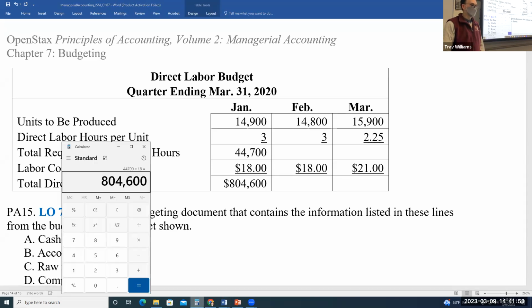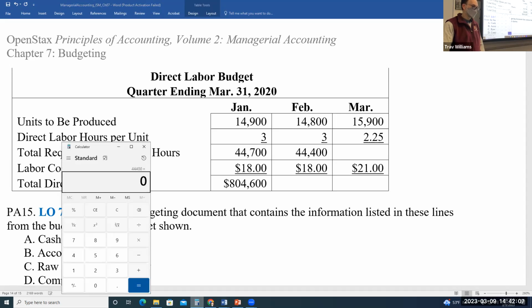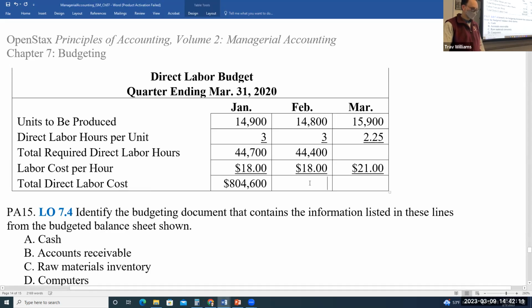We do that for the other 2 months. Oops. 44,400, okay. Times 18, 799,200.